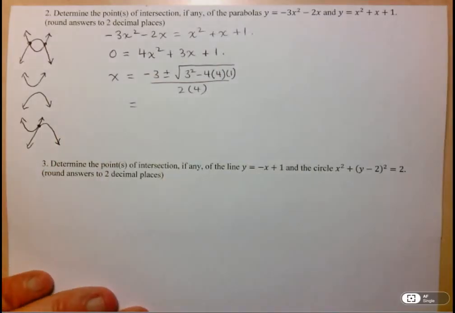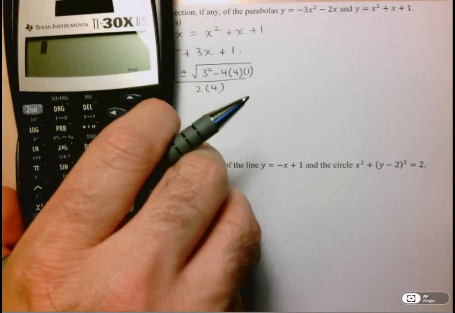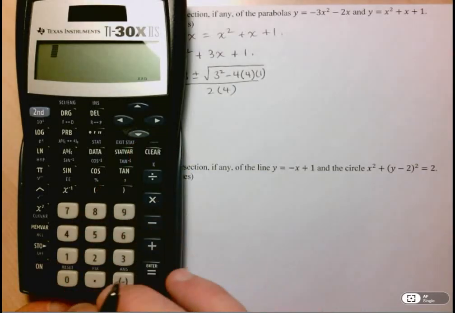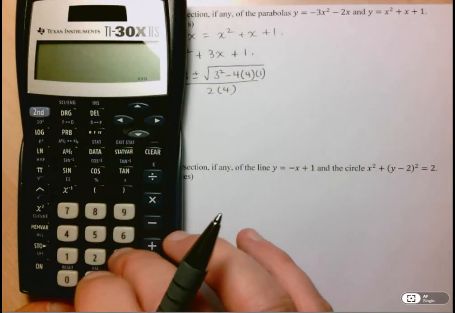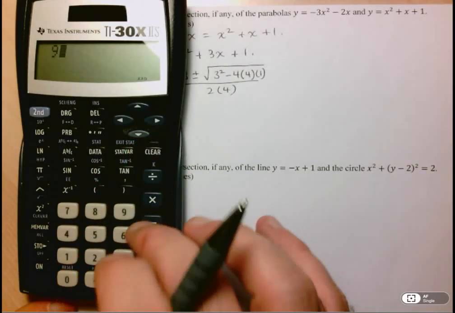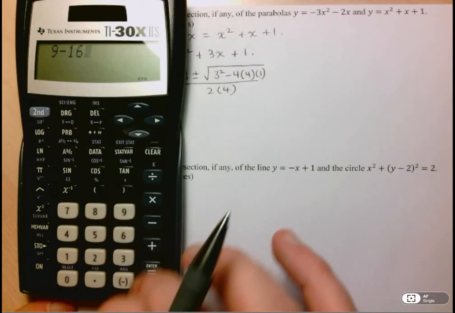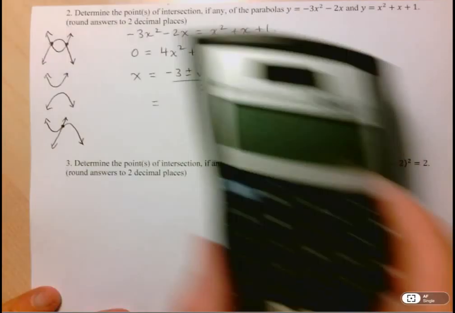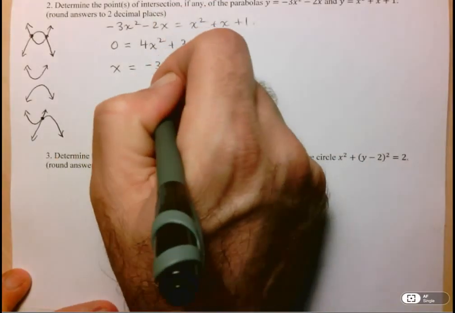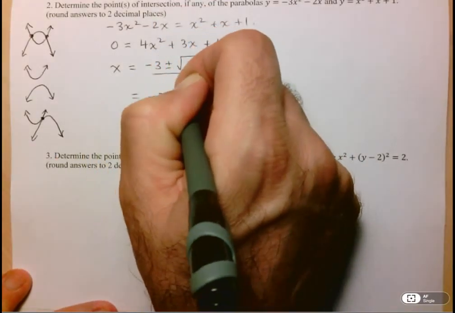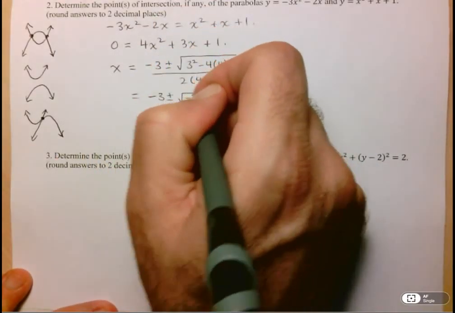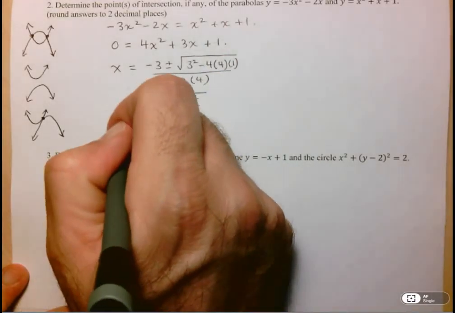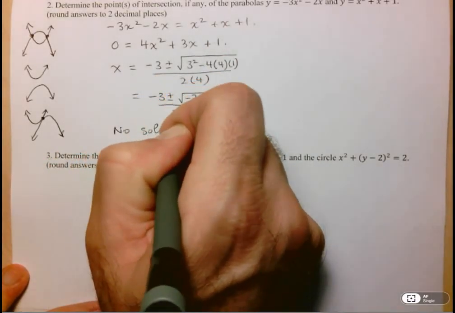And when we calculate the value inside the square root, some of you might already be seeing that 3 squared is 9, minus 4 times 4 is 16, and we have a negative value in the square root. So this gives us negative 3 plus or minus the square root of negative 7, over 8, which indicates that there are no solutions to the equation.